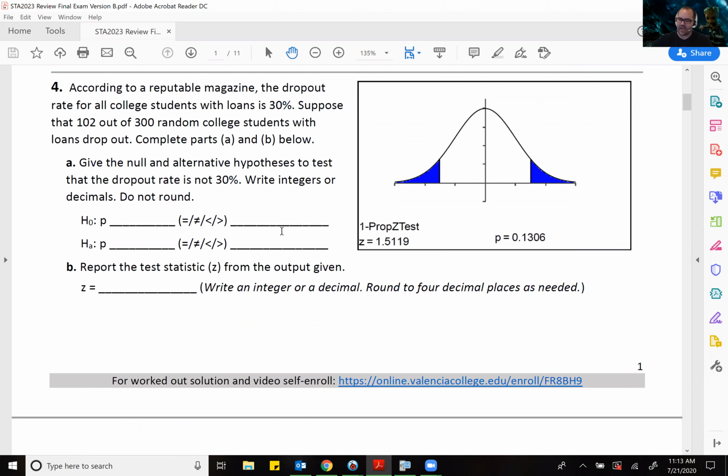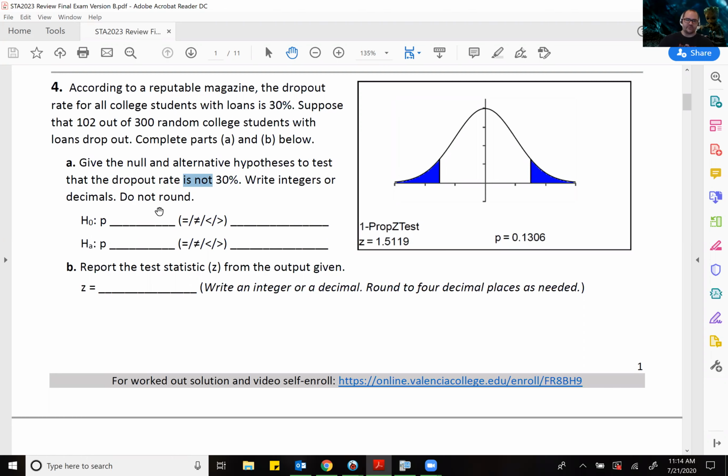All right, so the Ha. Right here is the key. It's saying that the dropout rate is not 30%. Okay? So that means it's not lower, it's not greater, it's just not this number. So down here, when we choose, we can't use equals.